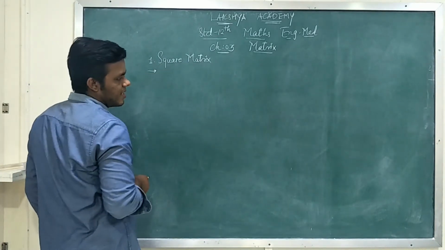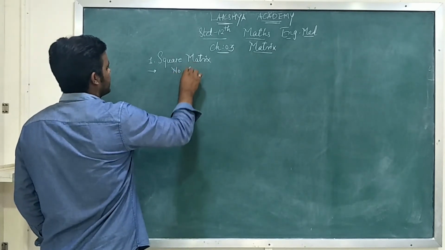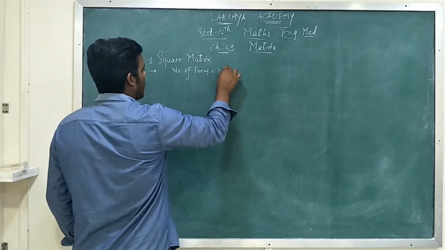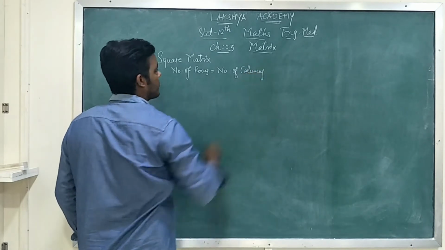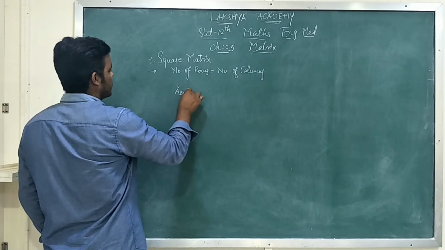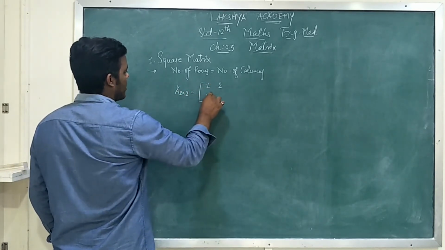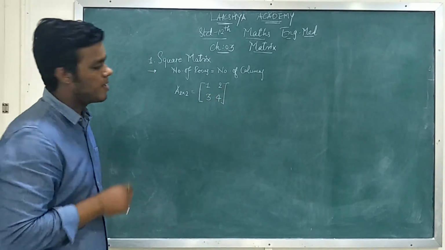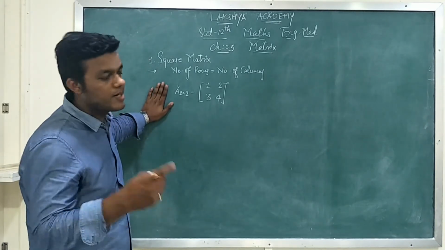Or we can say that in a matrix, the number of rows equals the number of columns, right? For example, a 2 cross 2 matrix, which has 2 rows and 2 columns, is an example of a square matrix. Same as this, a 3 cross 3 matrix will be a square matrix.